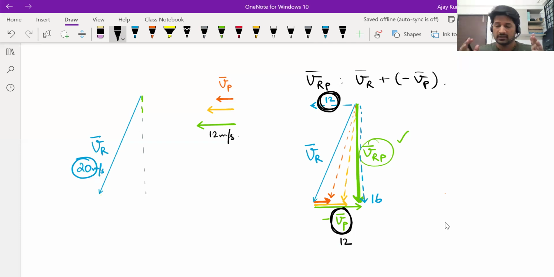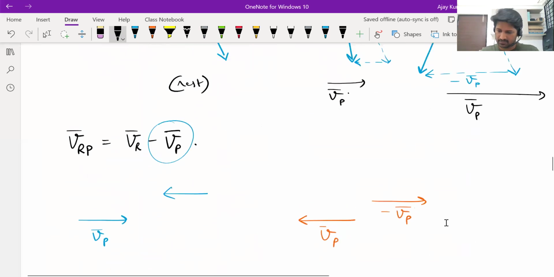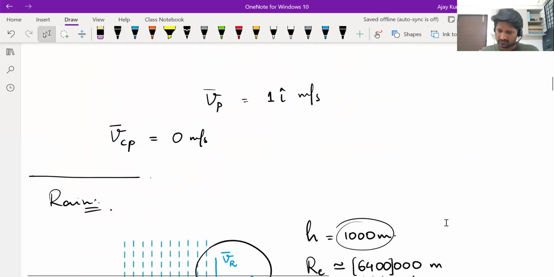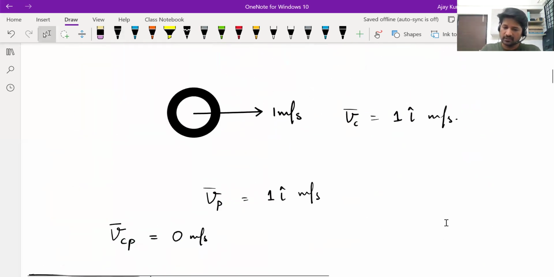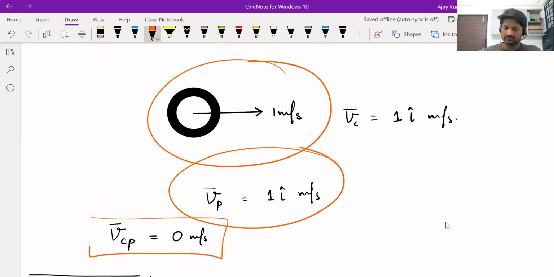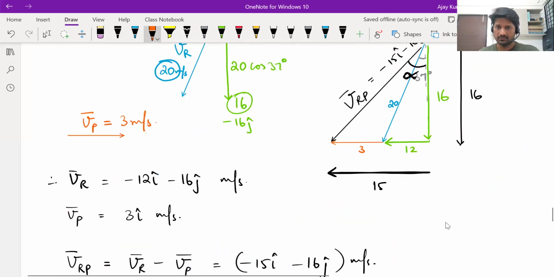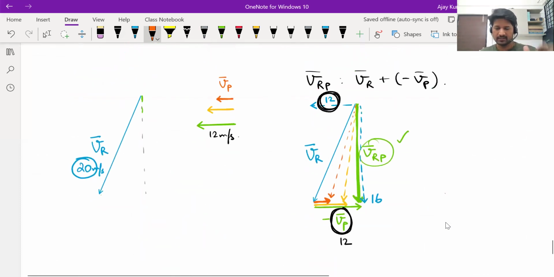Now, at the beginning of this class, we took one situation. We imagined one situation with that circle. If the circle moves to the right with a speed 1 meter per second, and we also move to the right with a speed 1 meter per second, relatively the circle will be at rest. Relatively, the circle won't move to the right because it will always be in front of us horizontally. That is what is happening here now. The raindrops are falling at an angle.